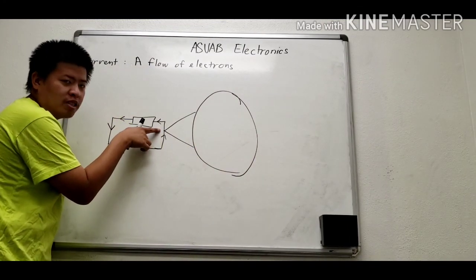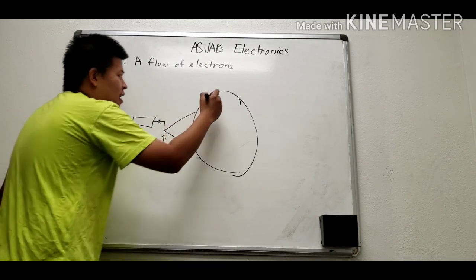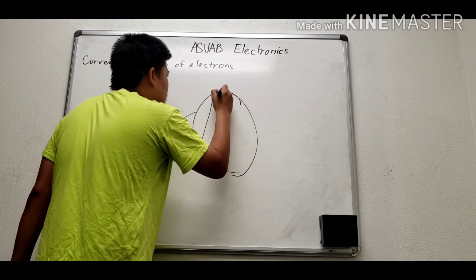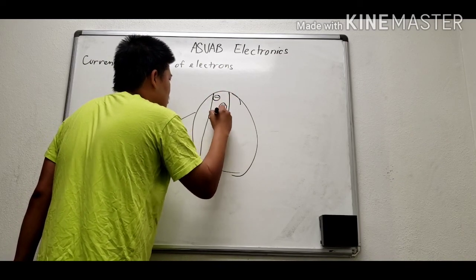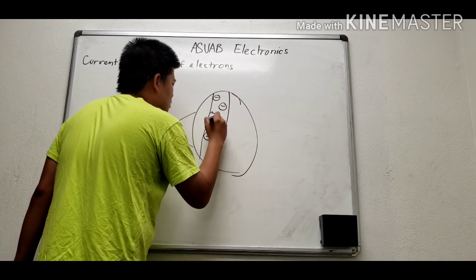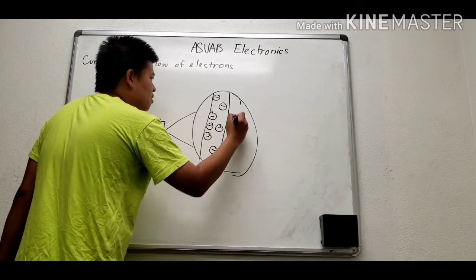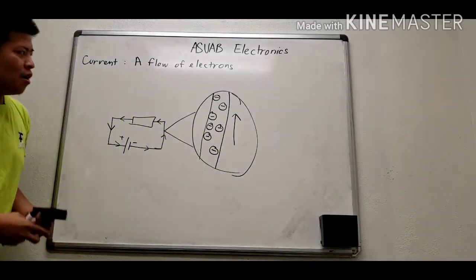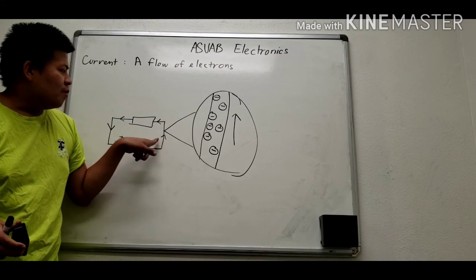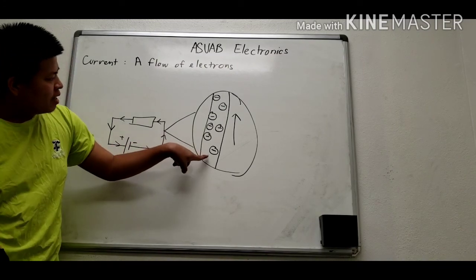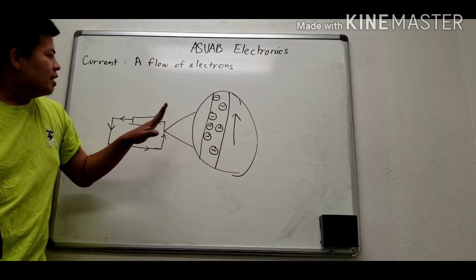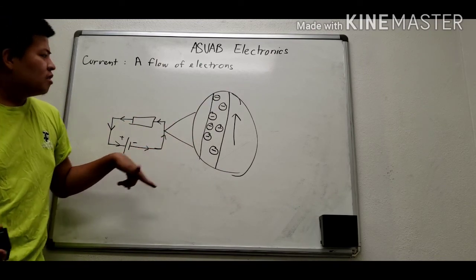This is the tiny wire, and inside the wire there are so many electrons that flow, and you can see that the electrons go in the same flow, and this is why we have the current.